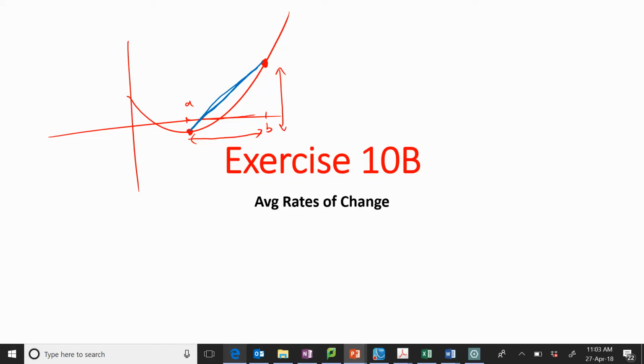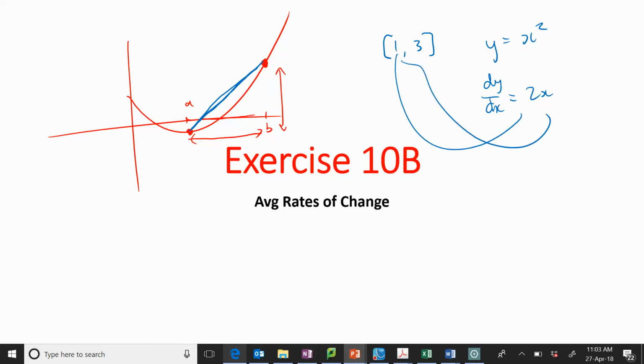The mistake that most students make is they differentiate it and then sub the intervals in. So, for example, if I said it was between 1 and 3, and they say find the average rate of change for the equation y equals x squared, what a lot of students do in a multiple choice question is they'll do dy/dx, which is the gradient, and then sub in 1, sub in 3.